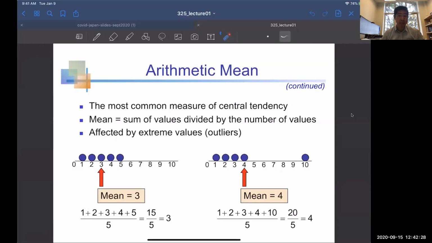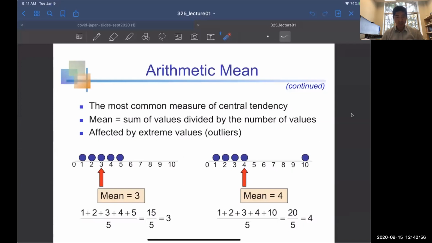Computing it is relatively straightforward because you just sum up the values and divide by the number of values. In this example, you have 5 observations, you sum up those 5 values and divide by 5. That gives you the arithmetic mean.